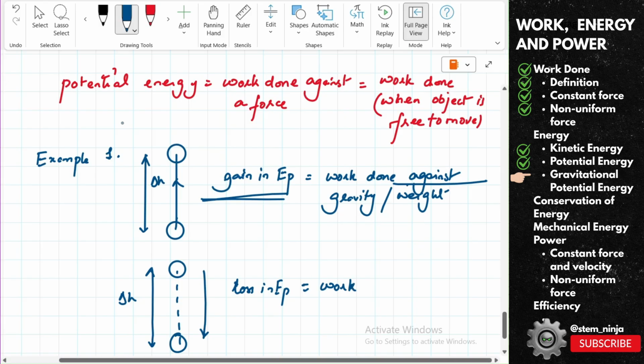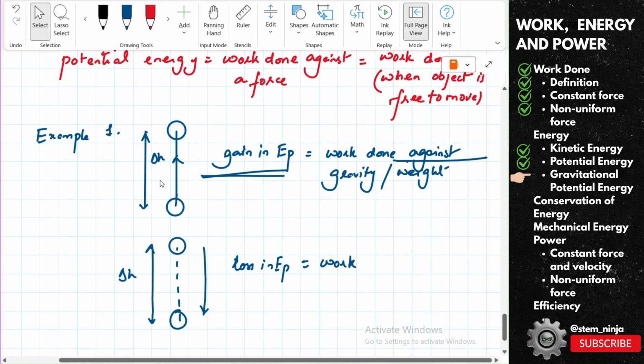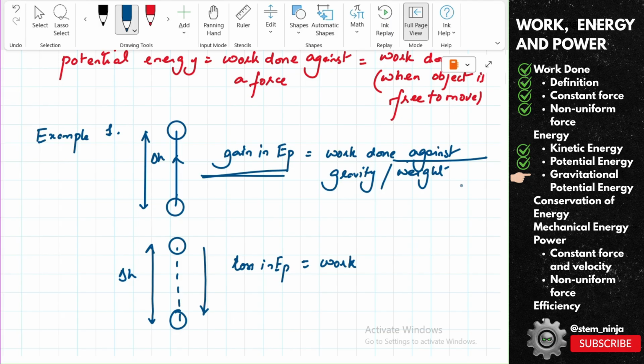As we said before, it represents the object's ability to do work. So we stored some energy into it by working against another force, and that same force will do work once that system is free to move, and it will result in the same amount of energy change.